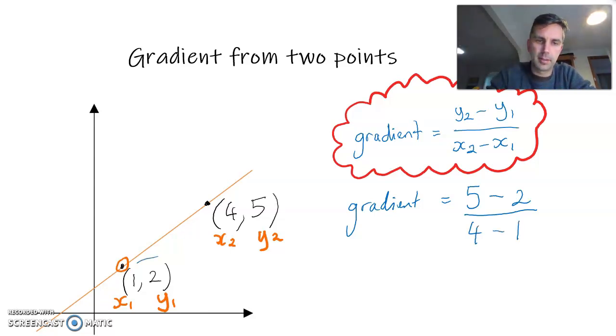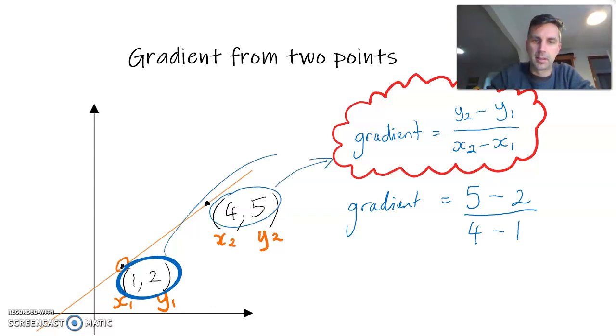So I'm just using these numbers over this side and then putting them into this formula here. Now if I work out what that comes to, 5 take 2 is 3, 4 take 1 is also 3, which is 3 divided by 3, and that comes out to 1. So in this case, the gradient is just 1.